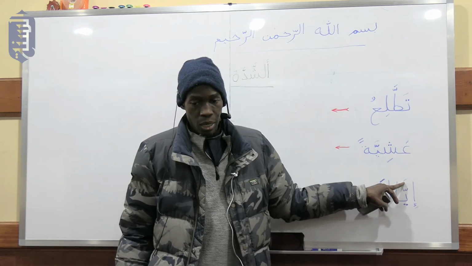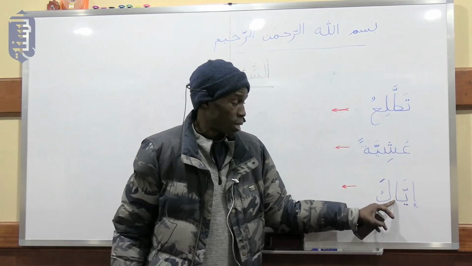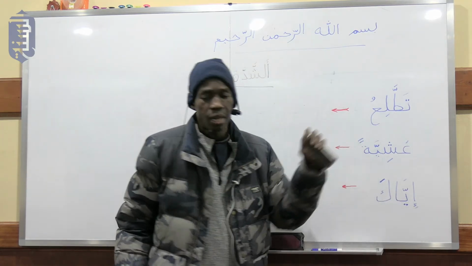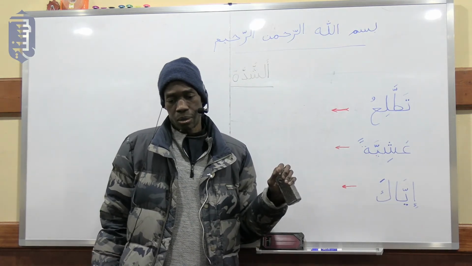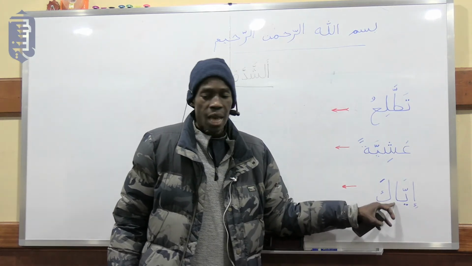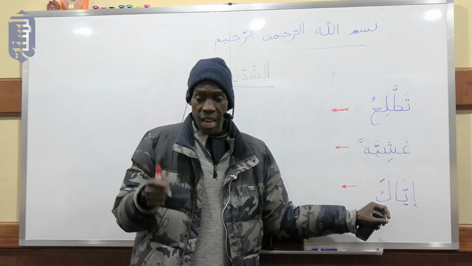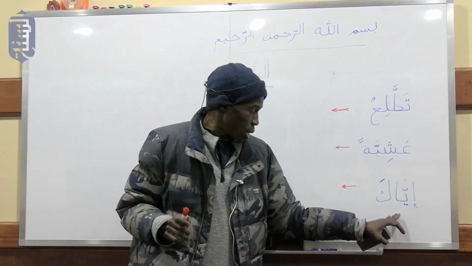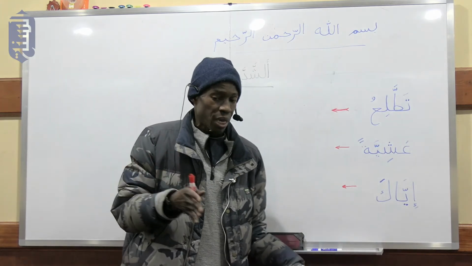So therefore, when you see this, you have to spell it along with the second ya. So far, it will be iya. But I want you to understand the breakdown.